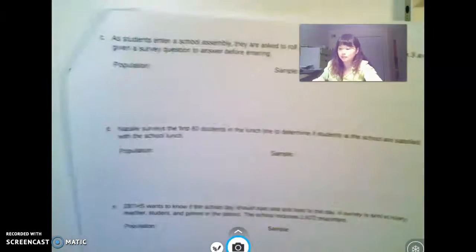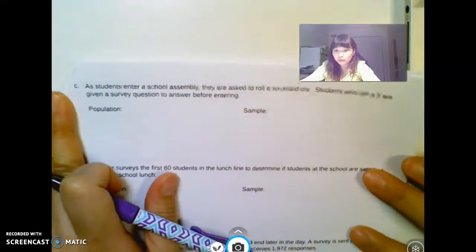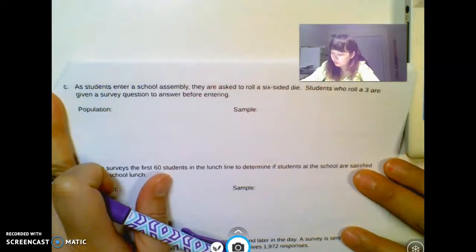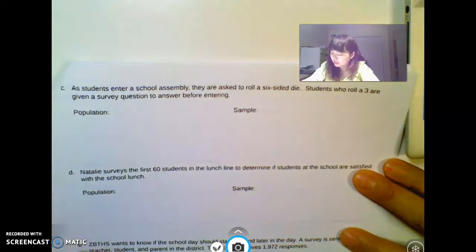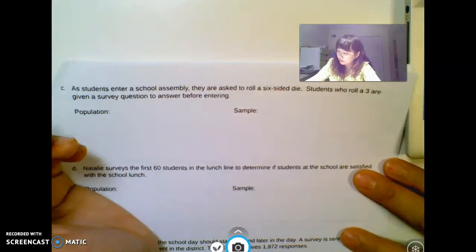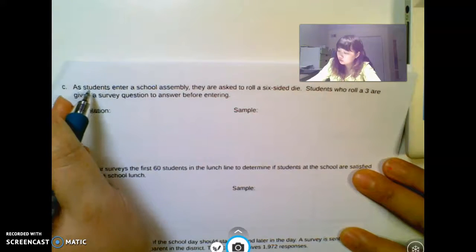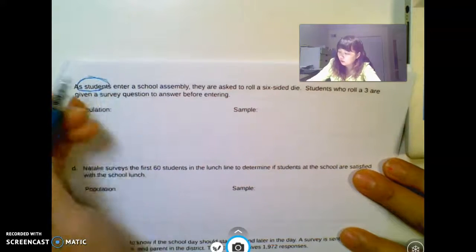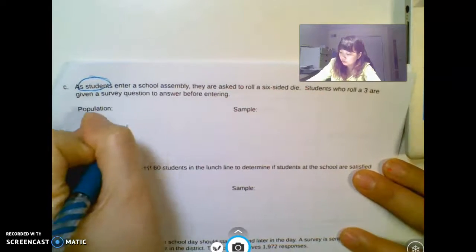Next, C. As students enter a school assembly, they are asked to roll a 6-sided die. Students who roll a 3 are given survey questions to answer before entering. They wanted a random sample. So the population would be the students entering the assembly. They wanted all students really.